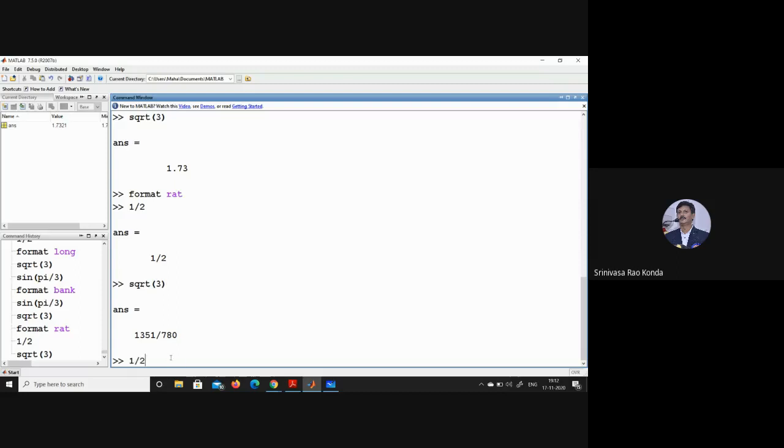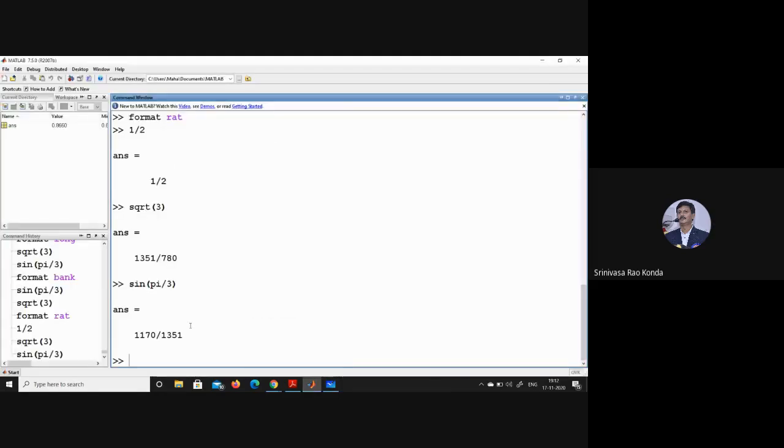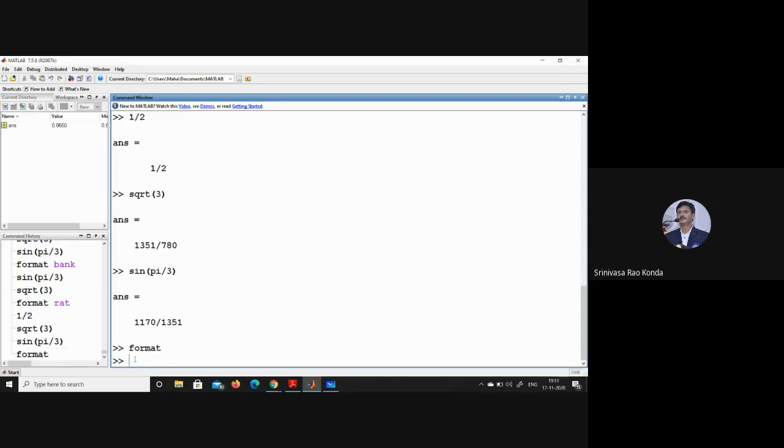Okay, sin pi by 3. That is important. Now I want to go to the original format, with the answer up to 4 decimal places. What to do? Format, or format short. We will get the same output.